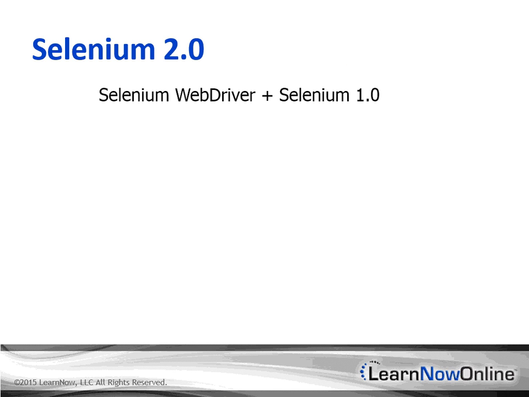In 2008, the existing Selenium merged with WebDriver to become Selenium 2.0. Selenium upgraded the Selenium grid, bundling the Selenium RC into the tool as the Selenium server. But by far, Selenium 2.0's biggest feature was integrating the WebDriver API into the product.